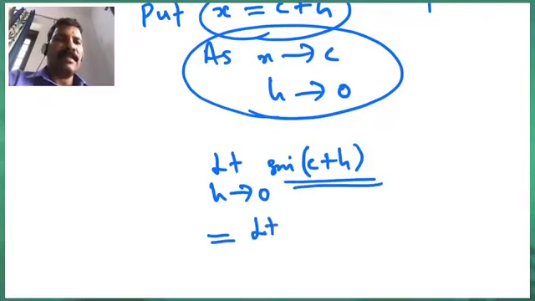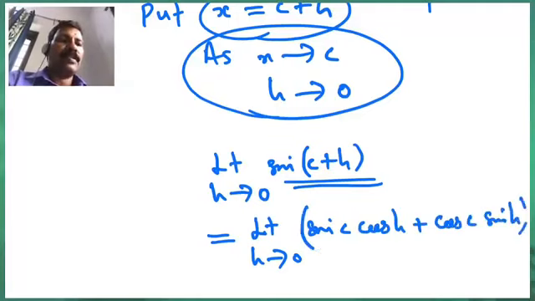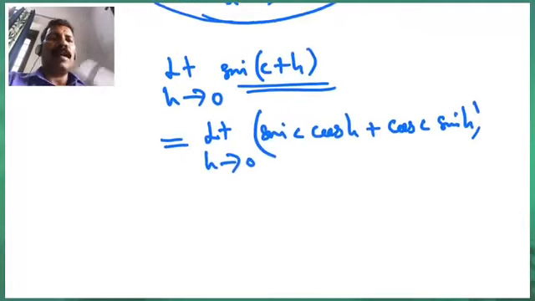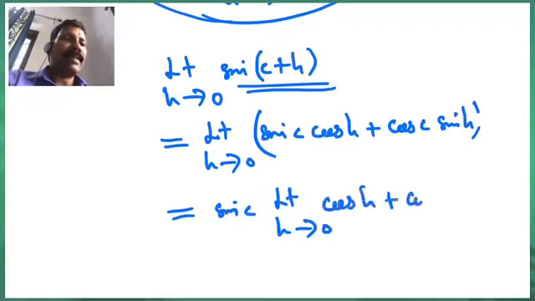So using that, we can have limit h tends to 0 of sin c cos h plus cos c sin h. We can take sin c outside, that is limit h tends to 0 of cos h, plus we can take cos c outside, then limit h tends to 0 of sin h.